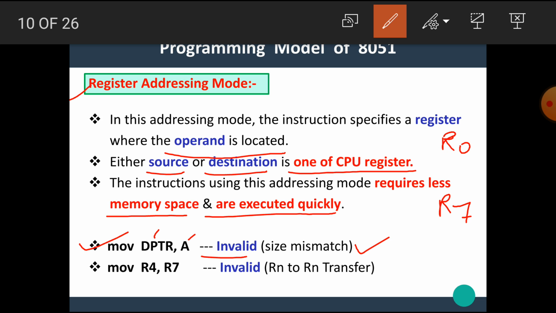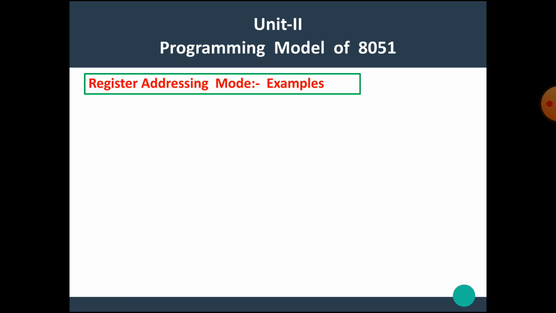Hence, this is an invalid instruction. Similarly, MOV R4, R7 is also an invalid instruction because in this instruction both the operands are registers. We require only one operand to be a register while the other is of another type.